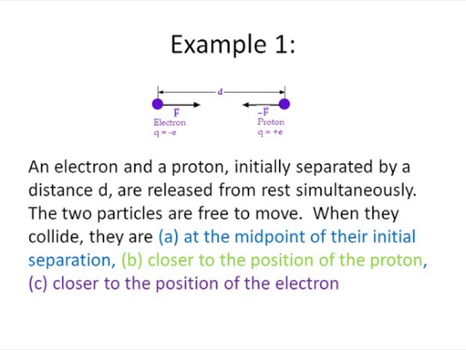When they collide, are they A, at the midpoint of their initial separation, B, closer to the position of the proton, or C, closer to the position of the electron? So think about what you think the answer should be.